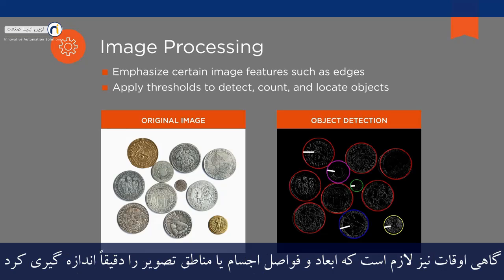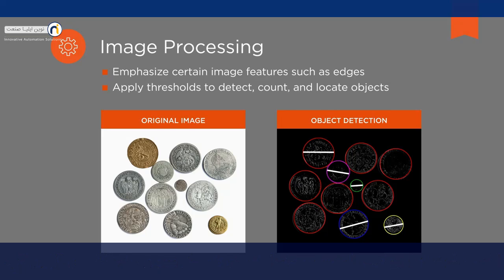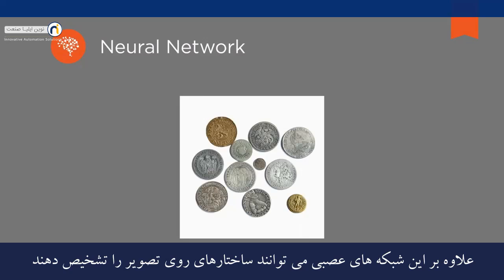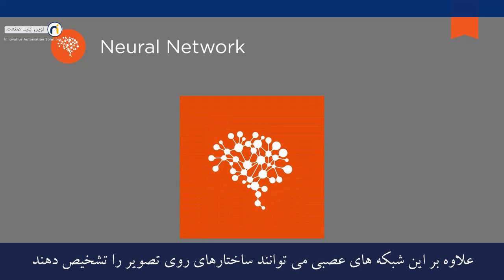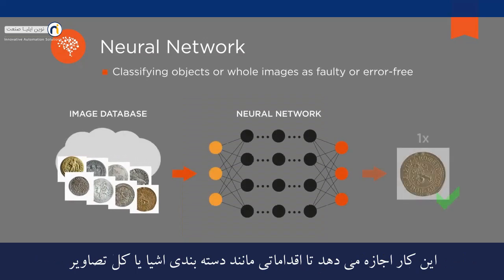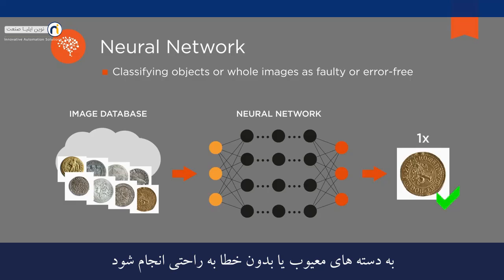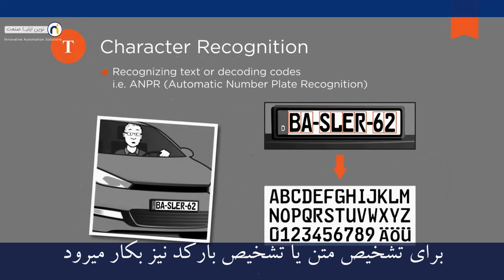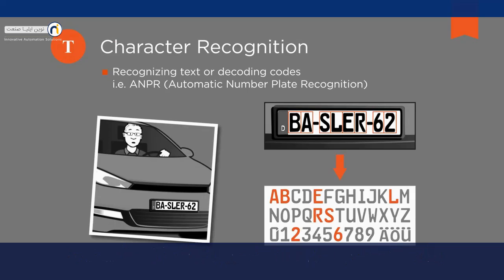Sometimes it is also necessary to measure object dimensions and distances or image areas precisely. Furthermore, neural networks can detect structures on the image. This allows actions such as classifying objects or whole images as faulty or error-free. Often it is also about recognizing text or decoding codes on an image.